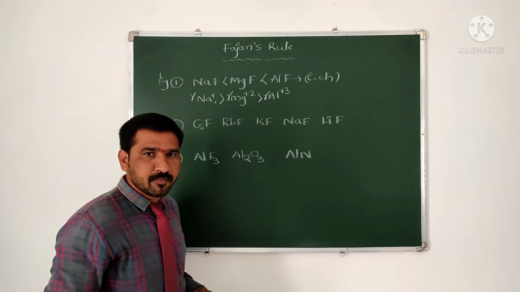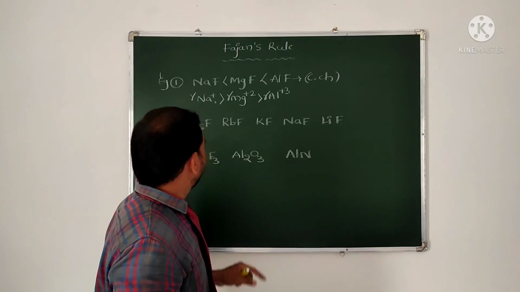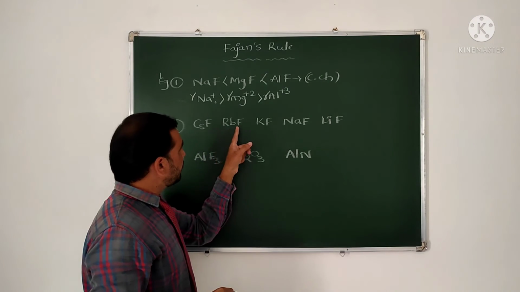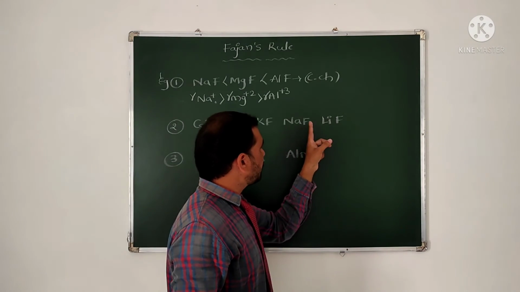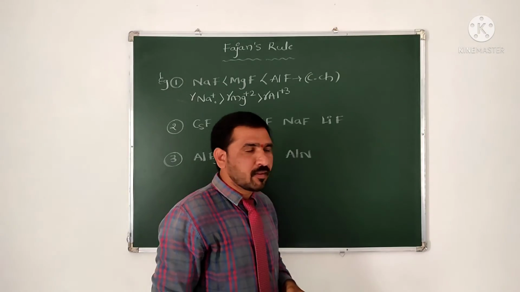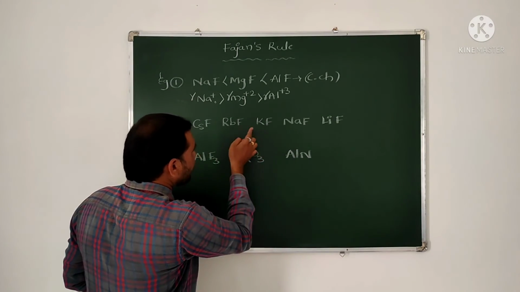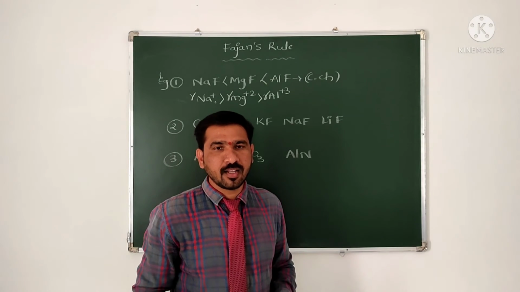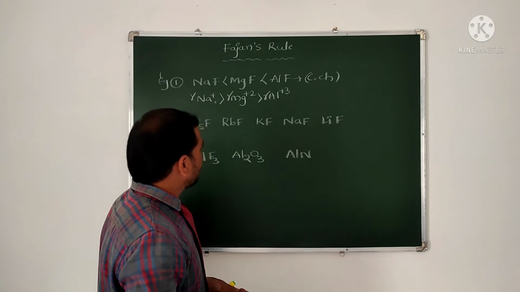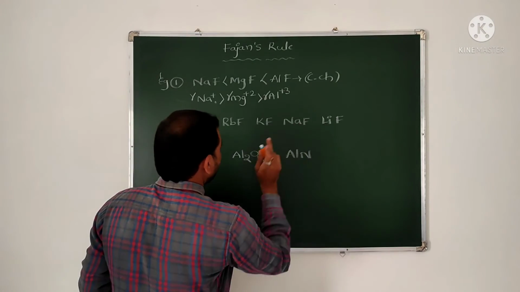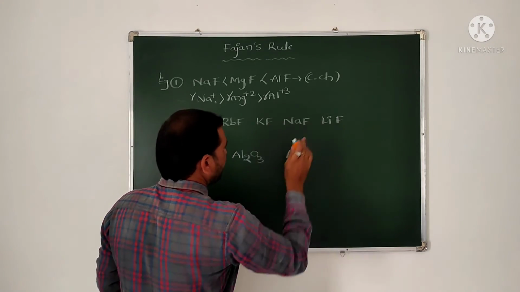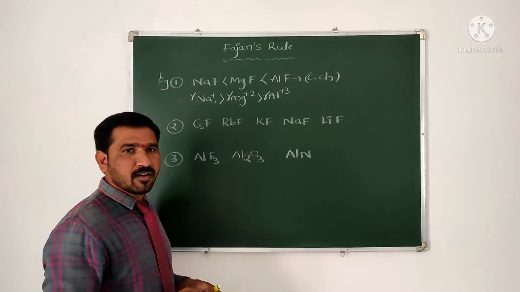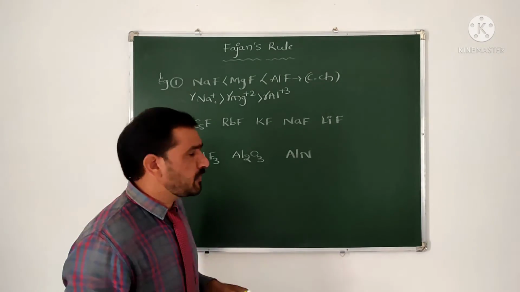Is it clear, beta? Then the second example: cesium fluoride, rubidium fluoride, potassium fluoride, sodium fluoride, lithium fluoride. Lithium, sodium, potassium, rubidium, cesium are group 1 elements, alkali metals. In all these, the fluoride anion is identical, so we should concentrate on the size of the cation.